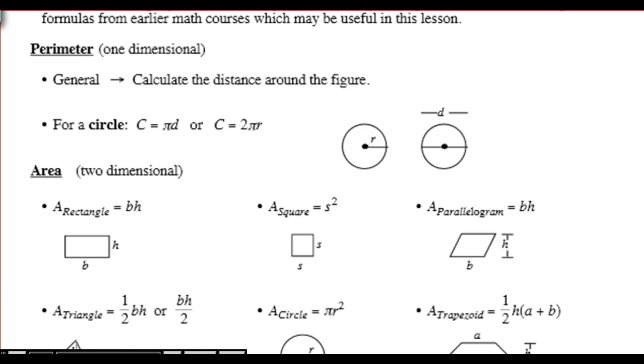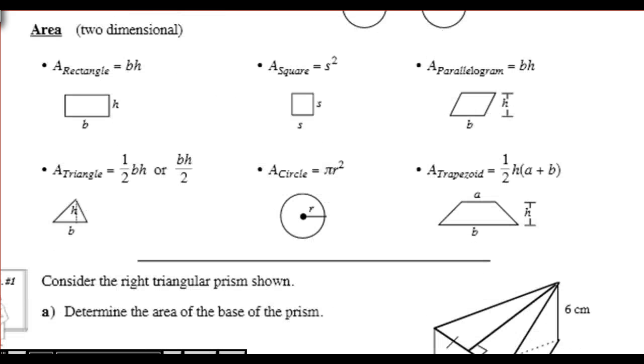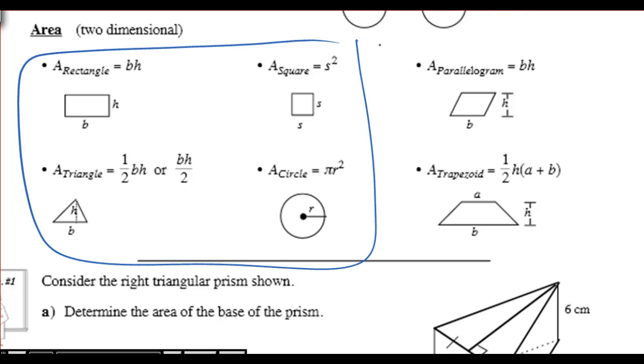Now two-dimensional shapes, we have some common ones here. The rectangle, base times the height. Again, you can go through all of these. You won't be required to memorize all of these. You will be given a formula sheet with some of the common ones, but obviously you should know at least these 4 shapes over here.